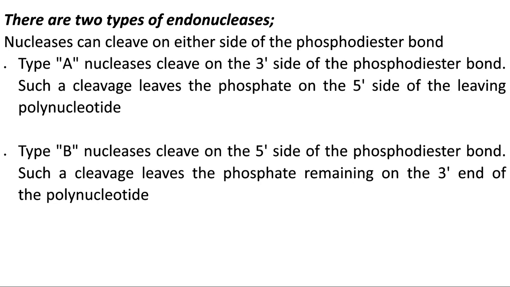I will show you that in just a moment, such that it leaves the phosphate on the 5' end, or side, of the polynucleotide. So when it is breaking, it breaks on the 3' side, leaving the phosphate attached to the 5' end, while the type B nucleases cleave at the 5' side of the phosphodiester bond, therefore leaving the phosphate remaining on the 3'.